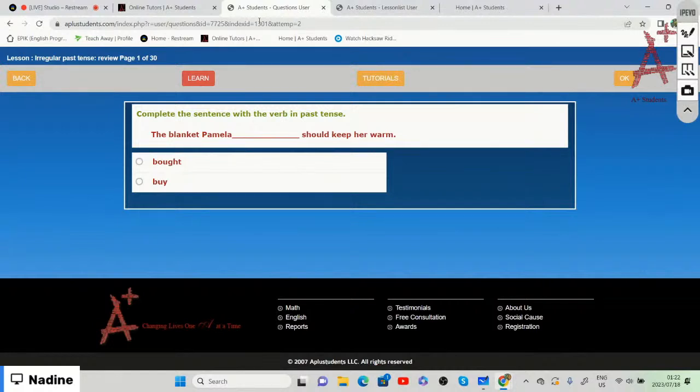So we need to identify what the correct form of verb is, especially since we are looking at the past tense. So the blanket Pamela bought should keep her warm, or buy. So we need to choose the correct form of irregular past tense verb within that sentence between bought or buy, sorry.